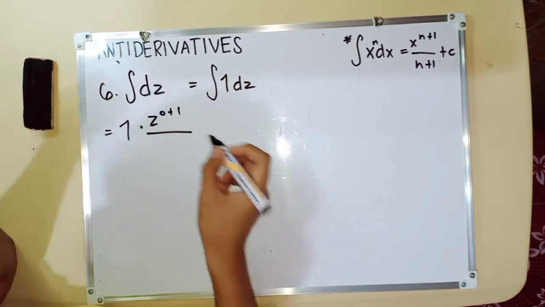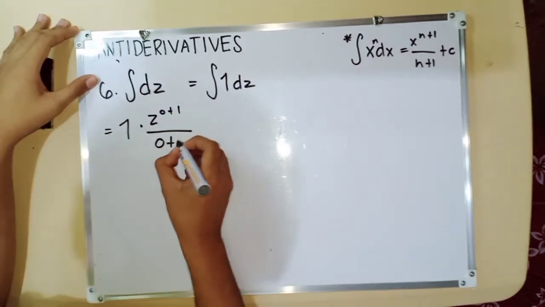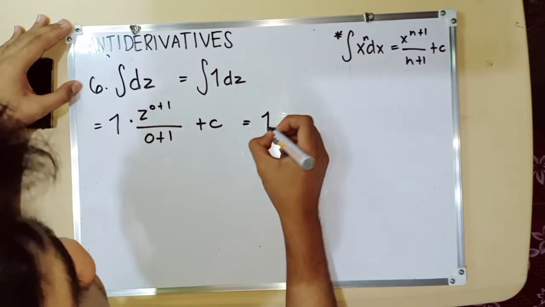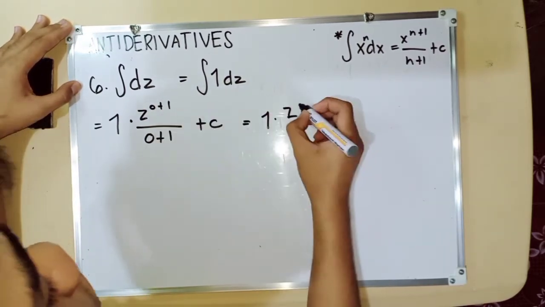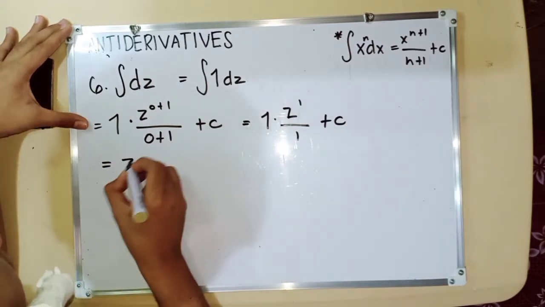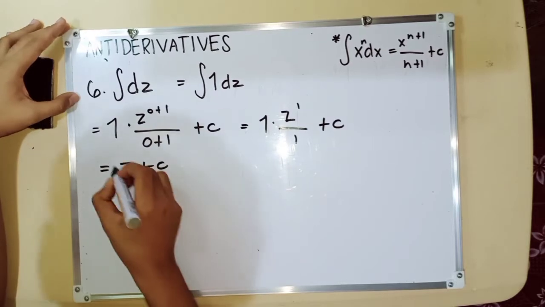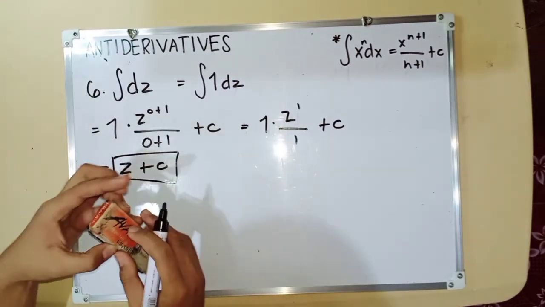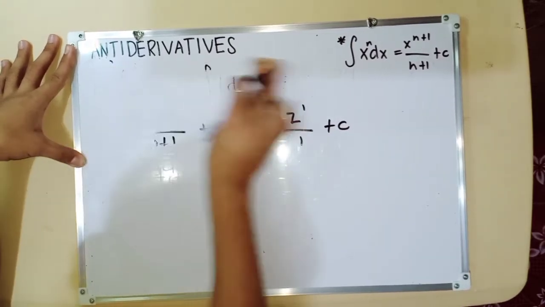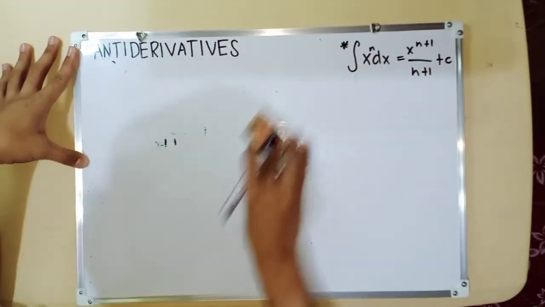Copy lang natin sa denominator yung exponent. At huwag natin kakalimutan ang constant of integration. So, simplifying it, 0 plus 1, 1 over 1 plus c. So, ating final answer ay z plus c. Madali lang talaga ang power rule for antiderivatives. So, let us proceed to more examples para ma-master natin ito.